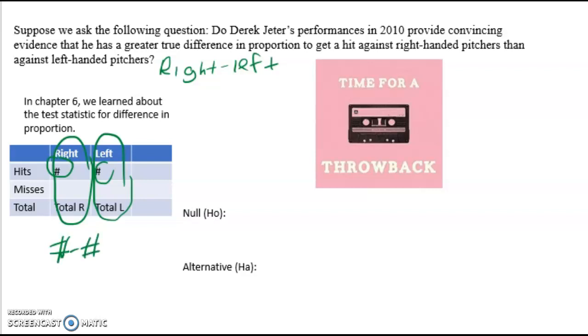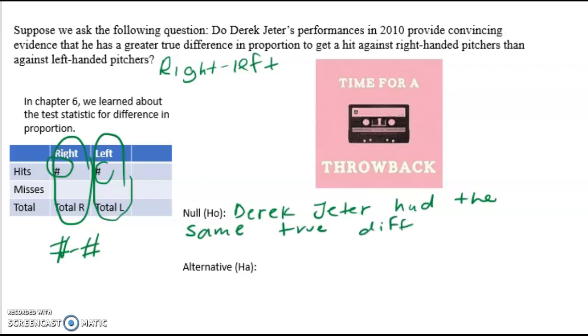So just to throw back on what our null hypothesis was, remember the null is a statement of no change. So we would say Derek Jeter had the same true proportion, or had the same true difference in proportion against both right-handed and left-handed pitchers.